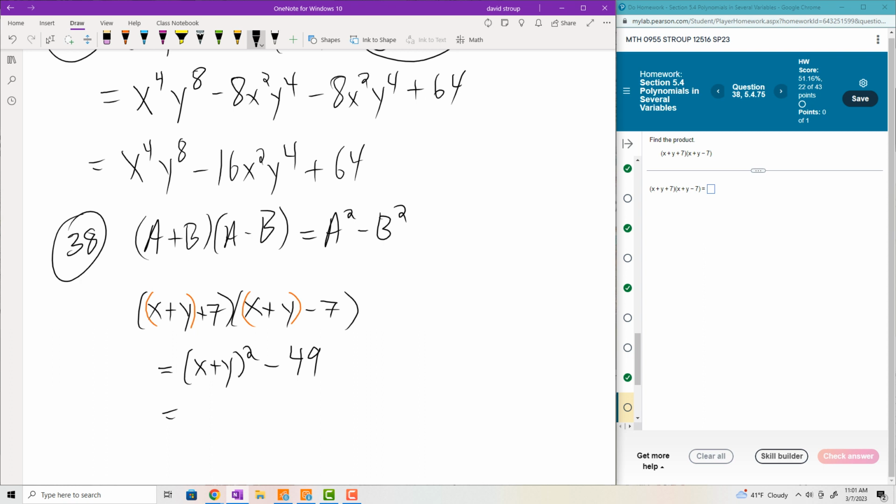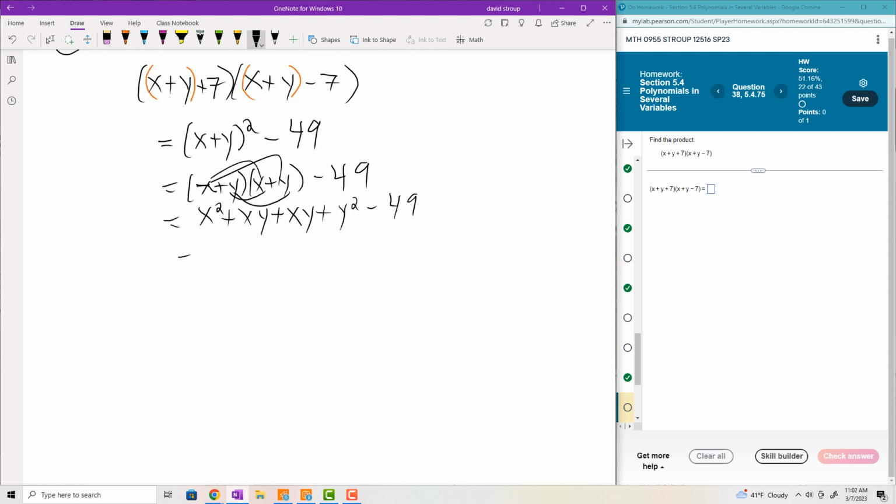Then all you need to do is FOIL out the x plus y squared. So that's x plus y times x plus y. And then that will be first x squared plus outer xy plus inner yx, which is the same as xy. And then last plus y squared. Y times y is y squared.